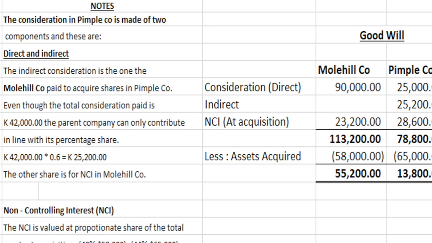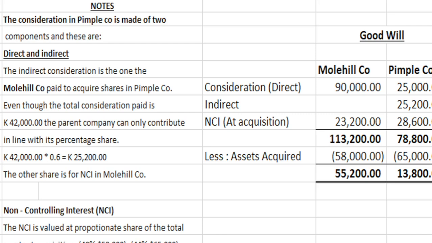So you notice that the total consideration paid here, instead of just putting 25,000 kwacha, you put the direct and the indirect, which is 25,000 kwacha and 25,200. So the total consideration here is 50,200 kwacha.